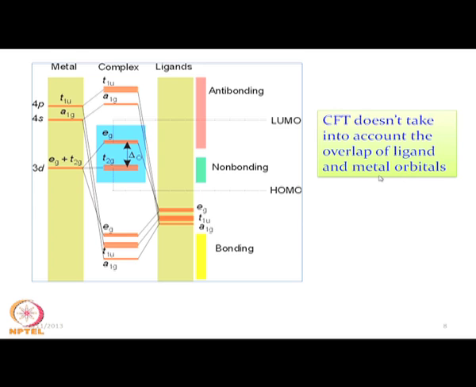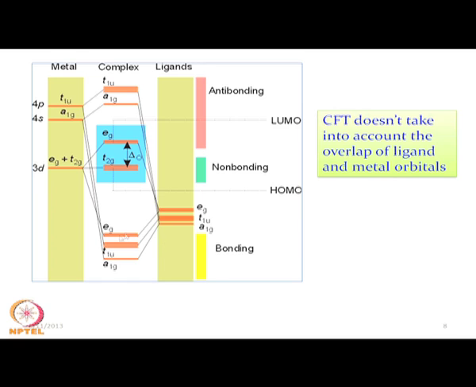This is the principal drawback of this theory, because this is not the true and most realistic picture. We should have the metal and the ligand overlap, and the ligand orbitals, particularly these 6 orbitals from the ligand side, function as bonding orbitals.